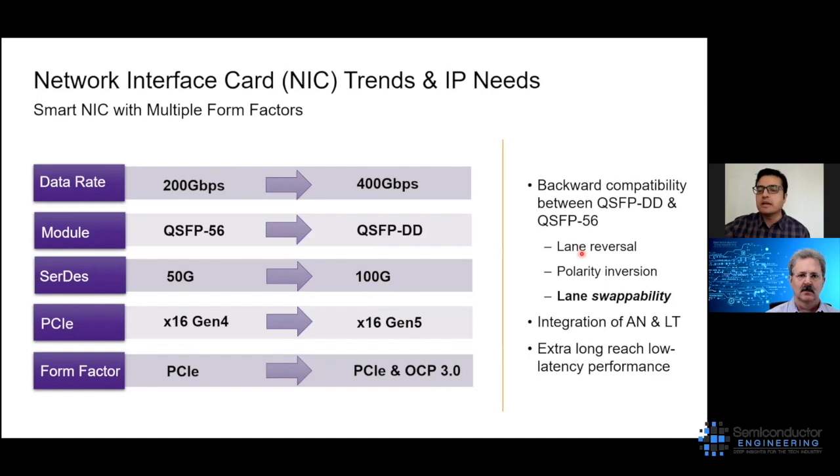That TX can be connected to TX3 of a different lane and TX2 can be connected to TX4, any of these. Then there is polarity inversion, where a TX plus can be connected to TX minus in this kind of NIC application. And finally, the requirement is lane swappability, meaning between 2 links, you want a feature where link 1, lane 1 can be connected to link 2, lane 2, and it still works as one macro.